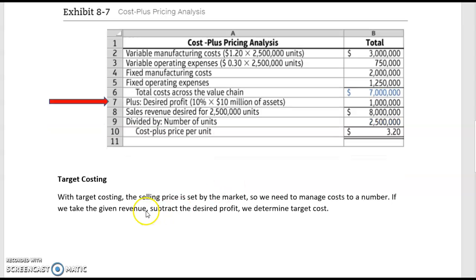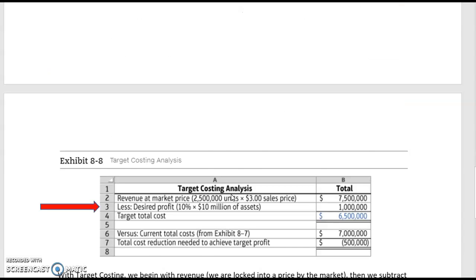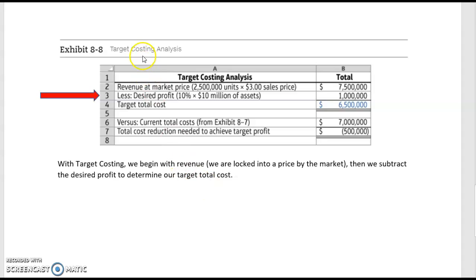With target costing, the selling price is set by the market, so we've got to manage to that number. If we take the given revenue, subtract the desired profit, we determine what our cost has to be, and we either engineer the product down to that number or whatever, but we've got to get down. So here's target costing. I've got revenue at market price: 2.5 million units times the $3 selling price is $7.5 million.